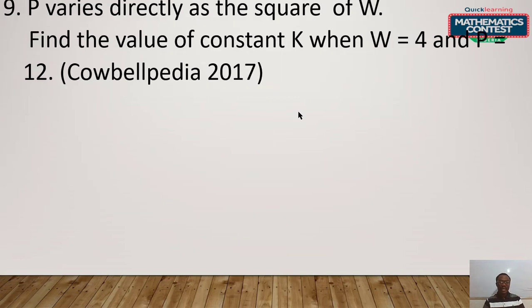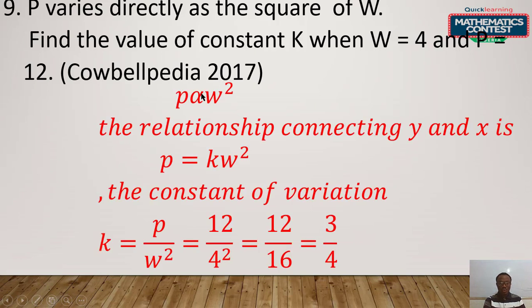Now number 9. P varies directly as the square of W. Find the value of the constant k, when W is 4 and P is equal to 12. To do that, P varies directly as the square of W, as W squared. So to introduce the constant now, we have to remove this variation sign by making P equal to kW squared.